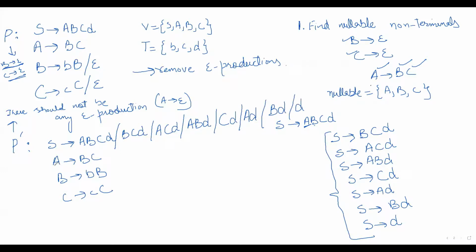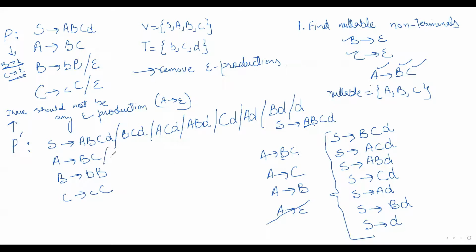Likewise in this one, we have A gives BC. So what are the productions that can be generated from this by replacing nullable by epsilon? If we replace B with epsilon, it will be A gives C. If we replace C with epsilon, A gives B. If we replace both with epsilon, it will be A gives epsilon. But this one should not be added. Why? Because we want to remove such productions.